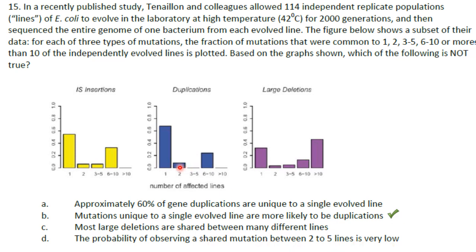If you see the second graph, the IS insertions graph, the bar from 2 to 5 is short. Similarly, for the duplications graph also 2 to 5 is short. For large deletions also 2 to 5 is short. So the answer here is: mutations unique to single evolved lines are more likely to be duplications.